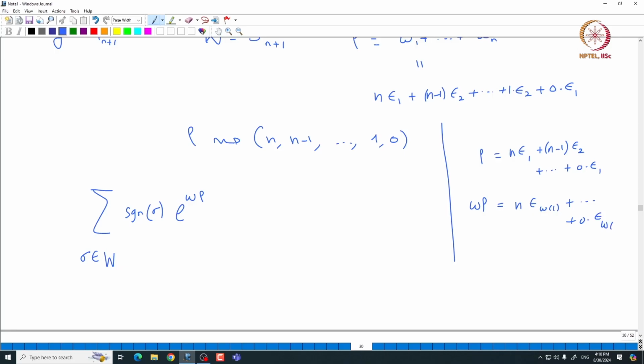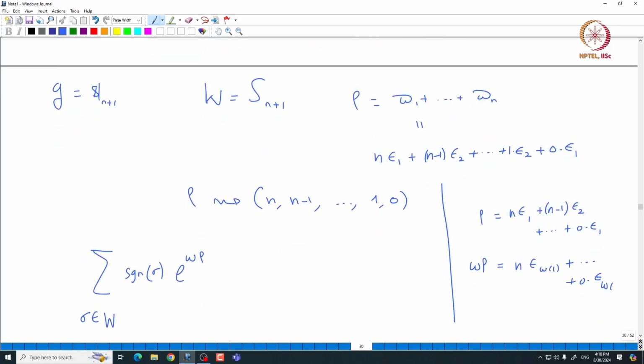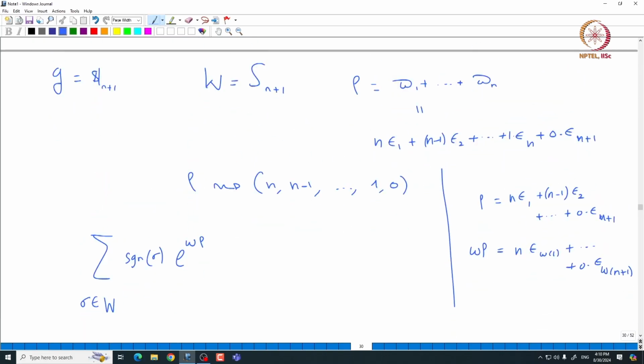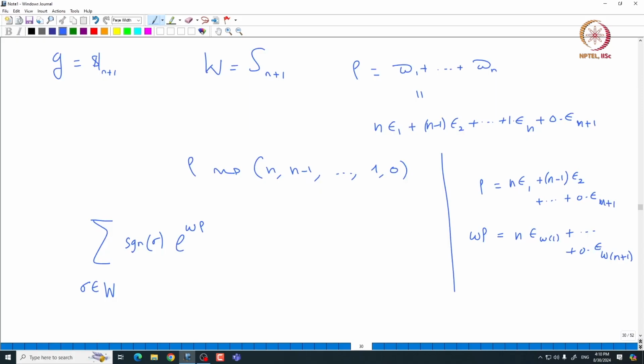Sorry, I am using both notations. Recall the Cartan algebra. In terms of epsilon i's, we have these n plus 1 epsilon i's. So, that is the basis that I am using and rewriting everything.